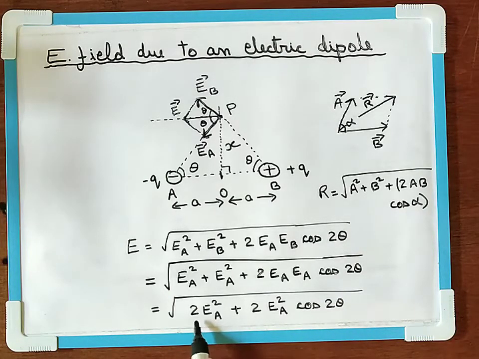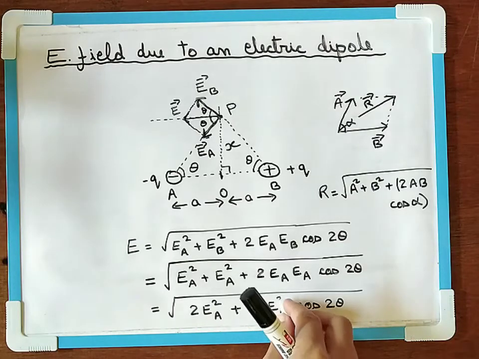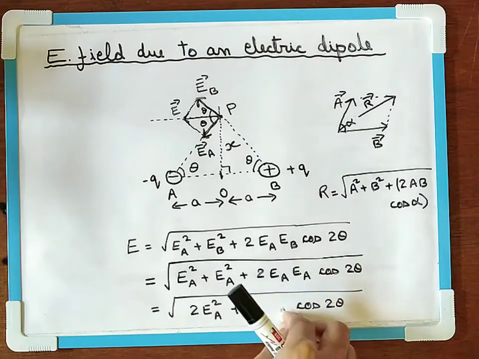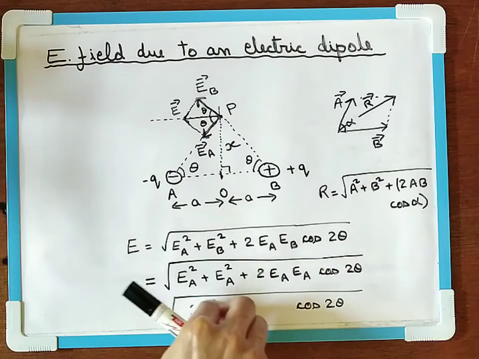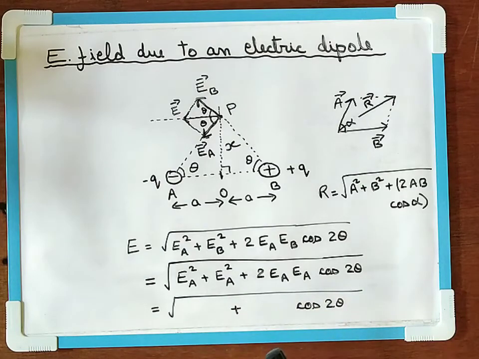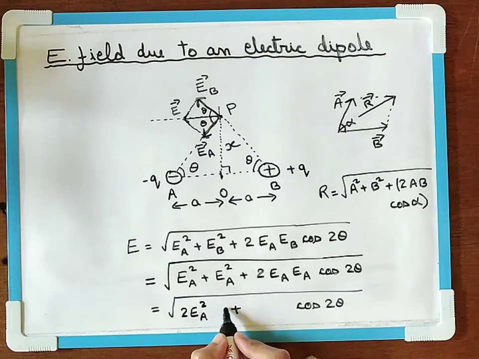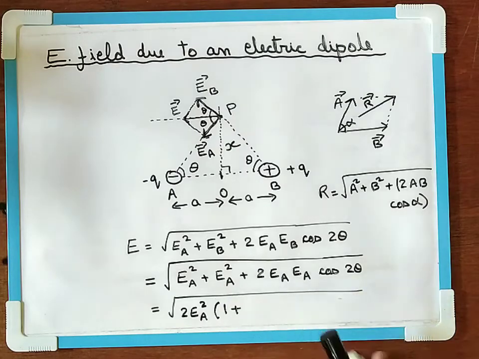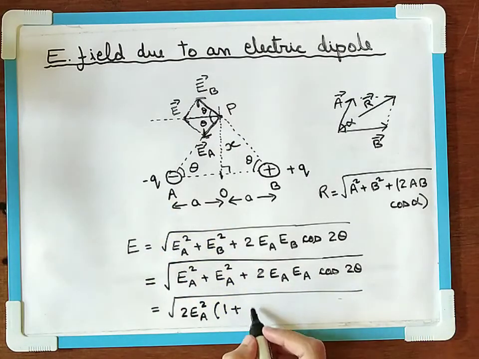Now we take common these 2 EA square. So upon taking common 2 EA square, we have 1 plus cos 2 theta.